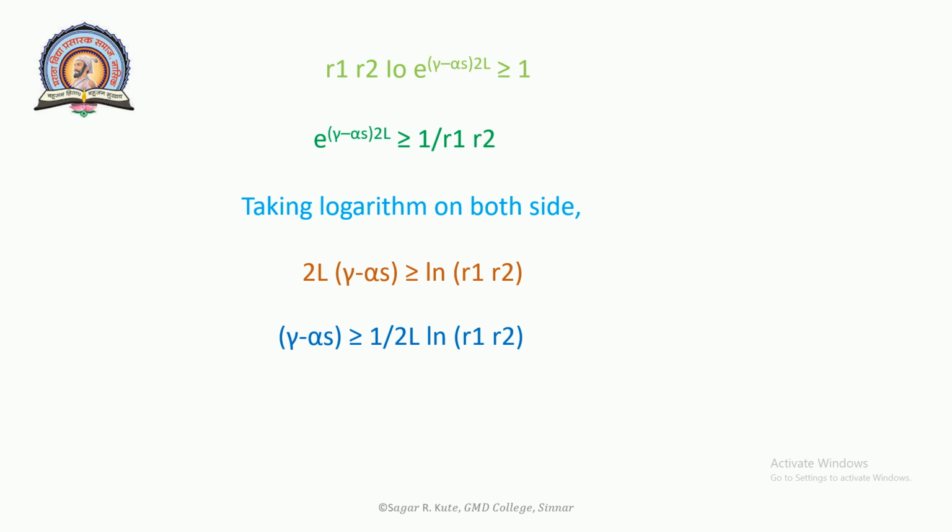Gamma minus alpha s is greater than or equal to 1 upon 2L ln 1 upon R1 R2. Gamma is greater than or equal to alpha s plus 1 upon twice L ln 1 upon R1 into R2. This above equation is known as the condition for lasing.